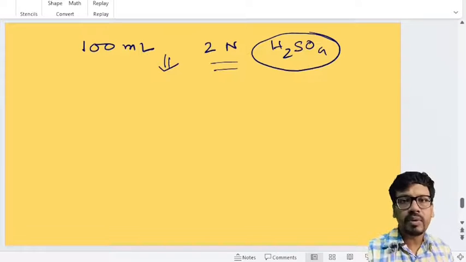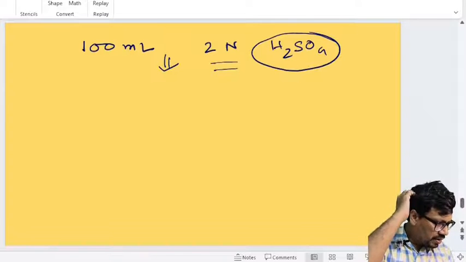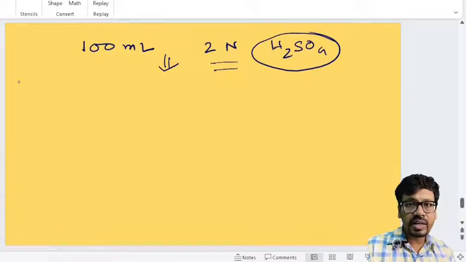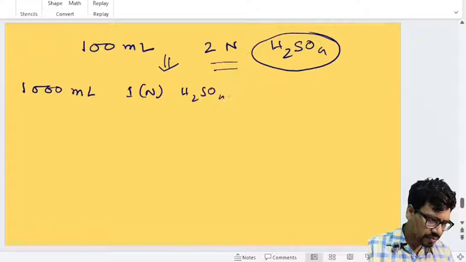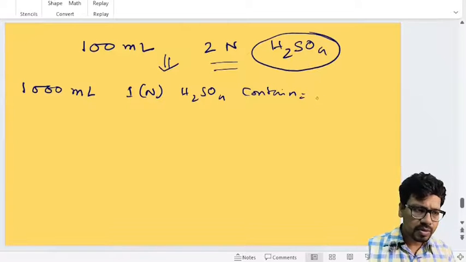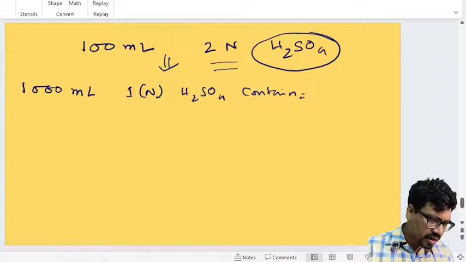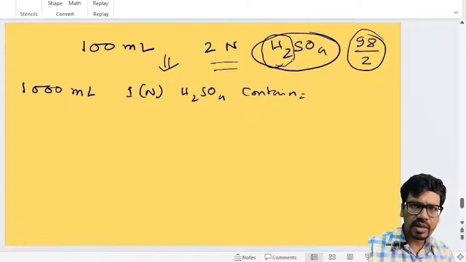What is the original amount of H2SO4 present? We know, according to the definition of normality, that 1000 ml of 1 normal H2SO4 contains the equivalent weight of H2SO4. What is the equivalent weight of H2SO4? 98 is the molecular weight, and this is divided by 2, where 2 is the number of replaceable hydrogen for sulfuric acid.